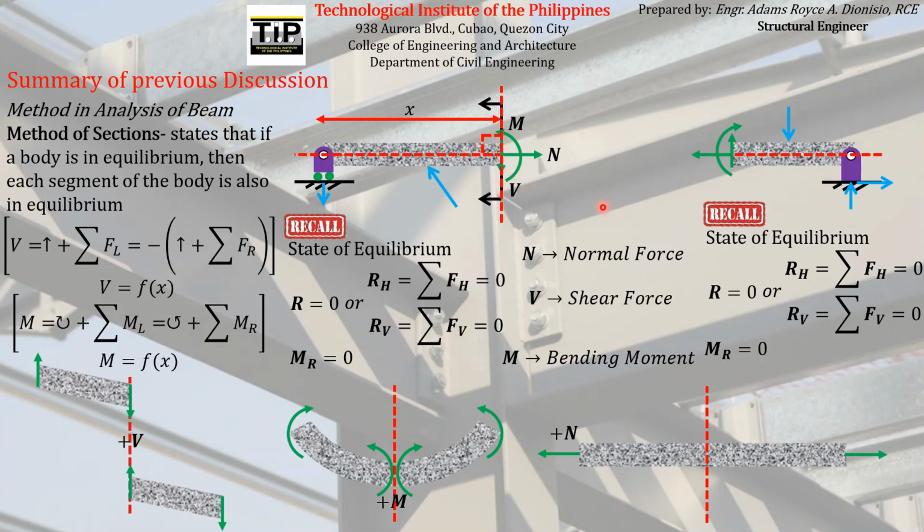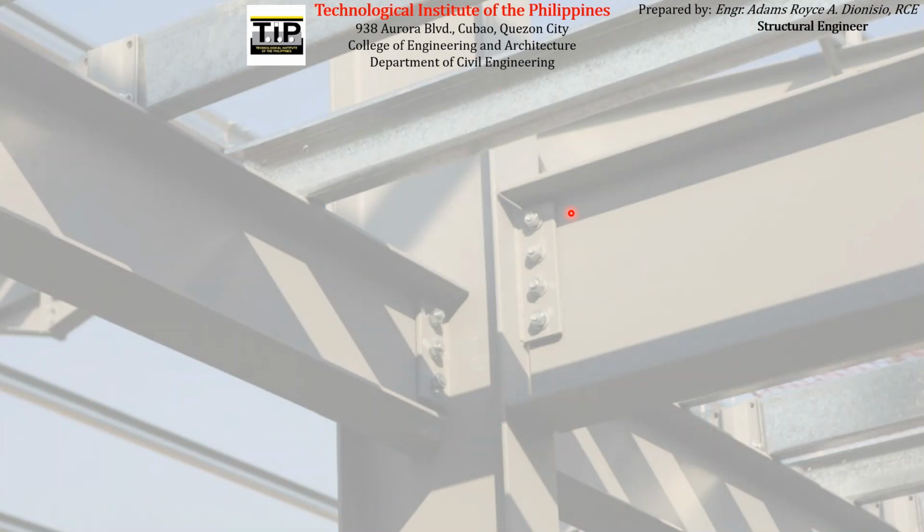And one great technique that we can use to easily find the maximum value of the shear force and bending moment acting on the beam is by drawing what we call shear and bending moment diagrams. So actually, for this meeting, that is our goal.